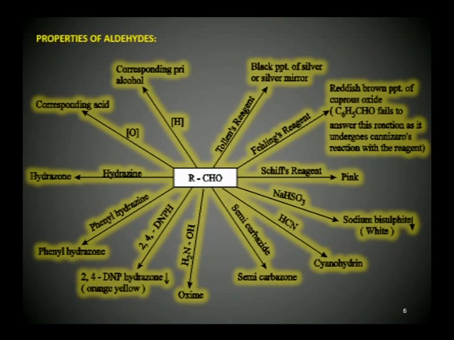With phenylhydrazine, we produce phenylhydrazone. With hydrazine, we produce hydrazones. See here: hydrazone, phenylhydrazone, 2,4-dinitrophenylhydrazone. The common thing is that they are derived from ammonia derivatives like hydroxylamine, that is NH2OH.